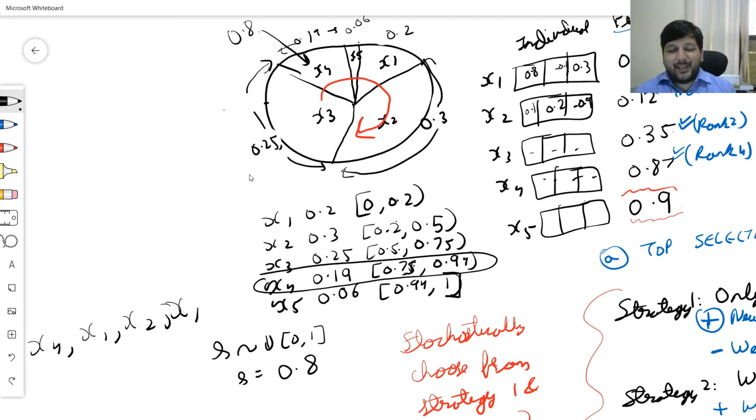So it trades off between strategy 1 and strategy 2. So the fitter individuals are selected multiple times. There is a large chance, and the weaker individuals are with some probability selected. Like x4 wasn't really fit, but it's still selected. So there's a chance that weaker individuals also get selected. It's trading off between strategy 1, strategy 2.